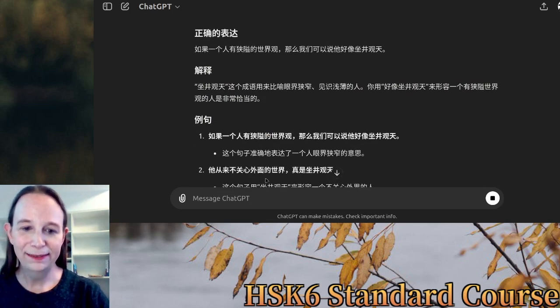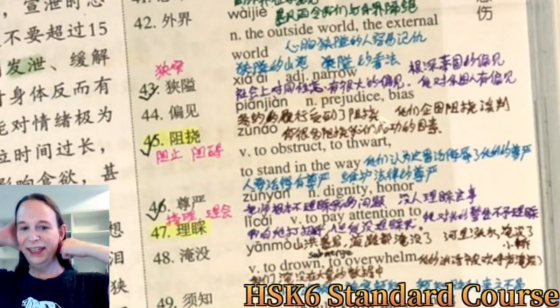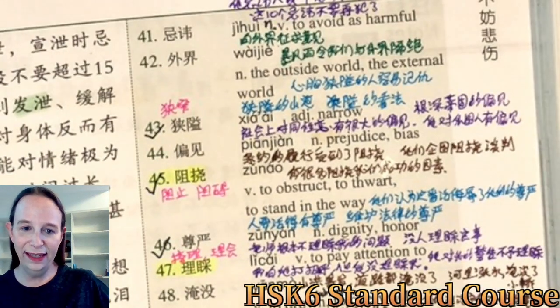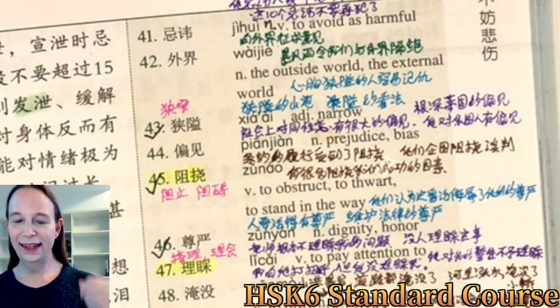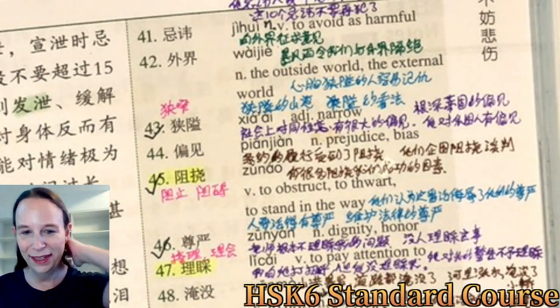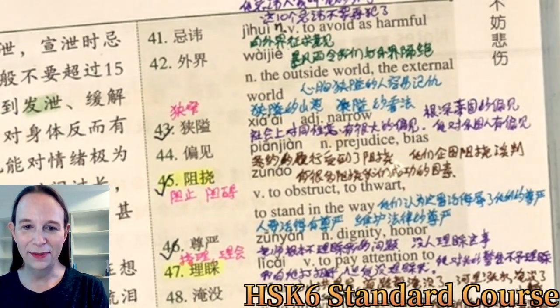Anyway, you get the idea. So that Chengyu is quite common. Yeah, 井底之蛙 and 坐井观天. You can choose whichever one you want for your output, but you need to know both exist. There's probably other variants as well.